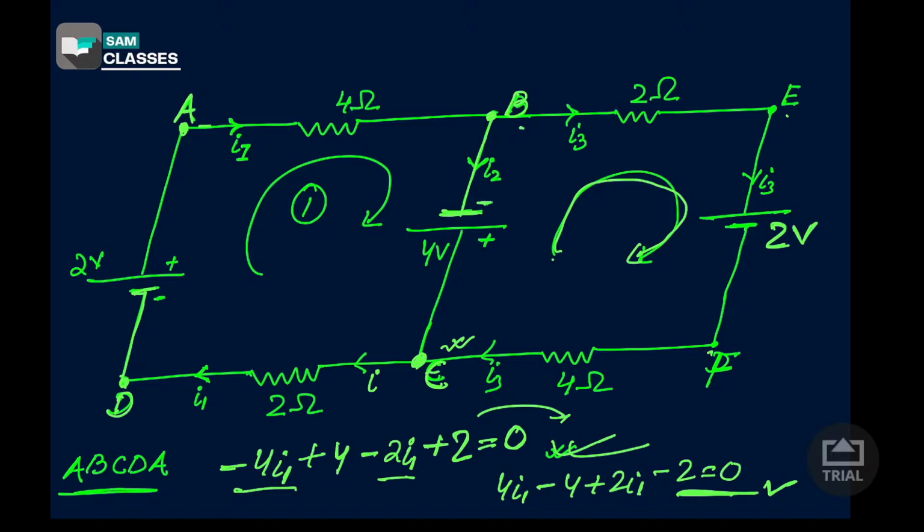I3 equal to -1. -2i, 2v plus 4i minus 4v.